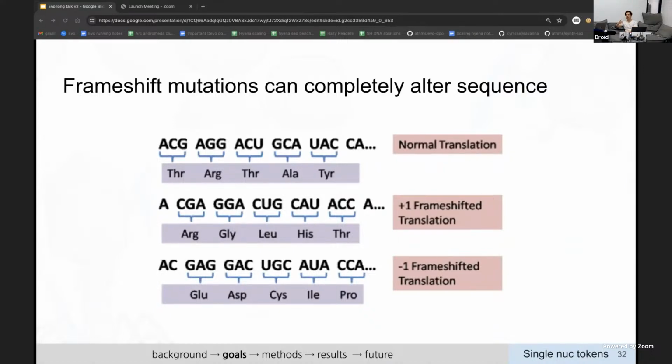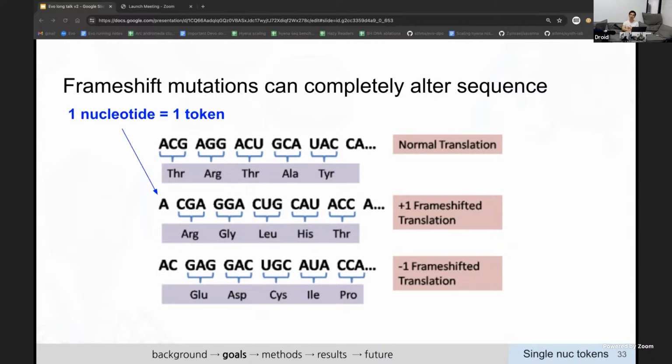Another concept for resolution is this idea of frame shift mutations, right? So if you have a sequence of proteins, for example, that you're trying to model, if you just shift it by one character, the proteins that are encoded will completely change, right? And so having this aggregated tokenization works against you in this way.